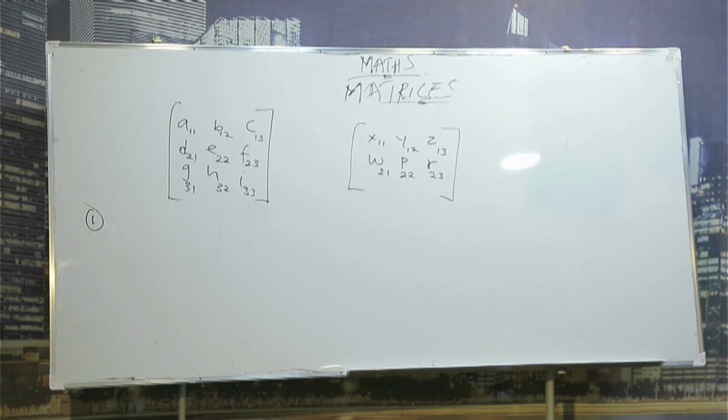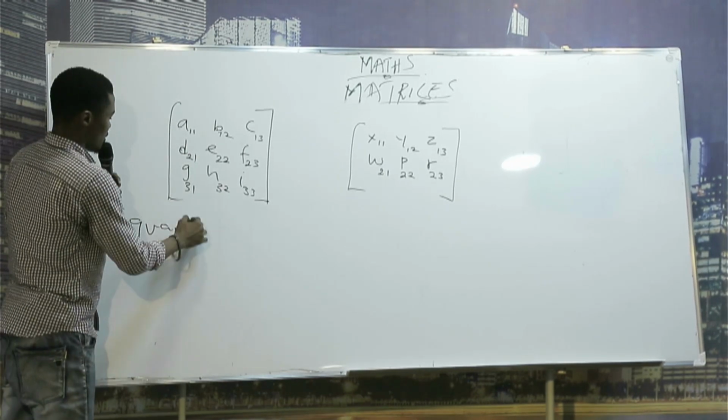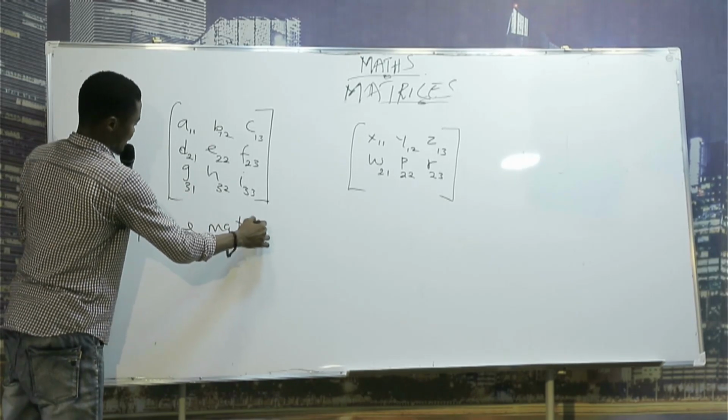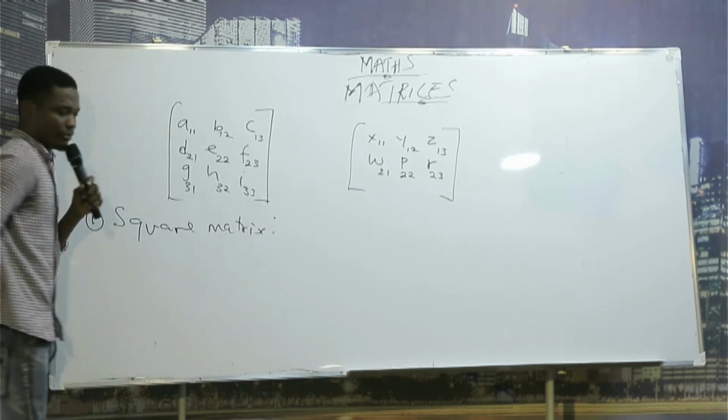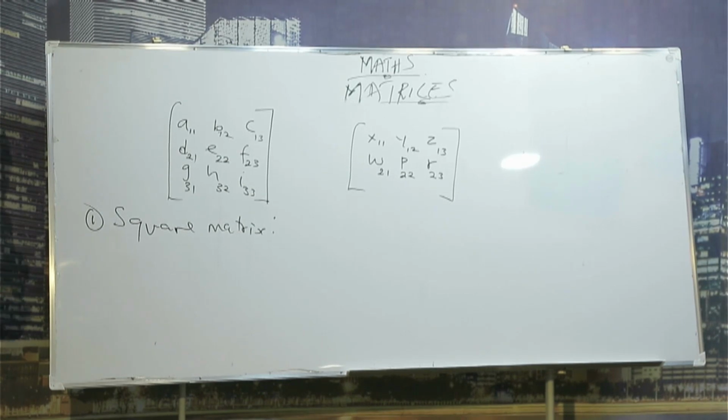Number one, square matrix. It is a matrix that has equal number of rows and columns.